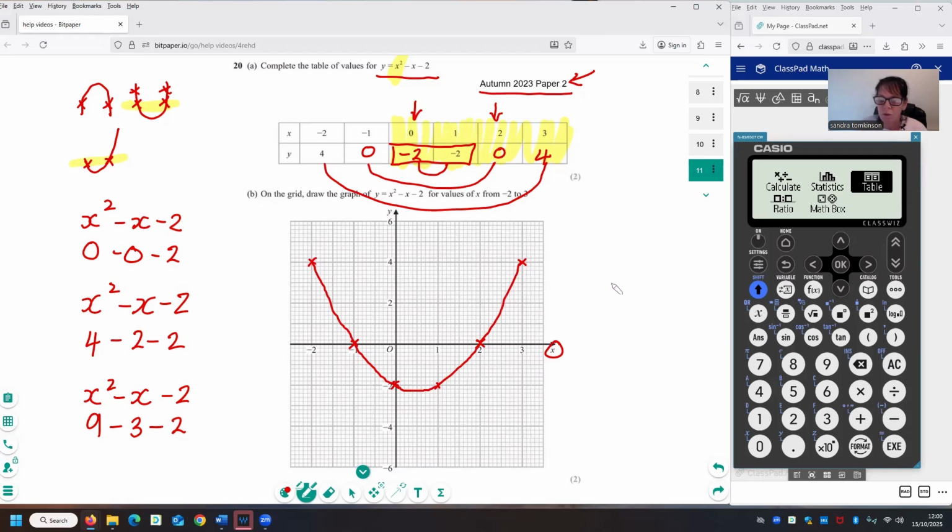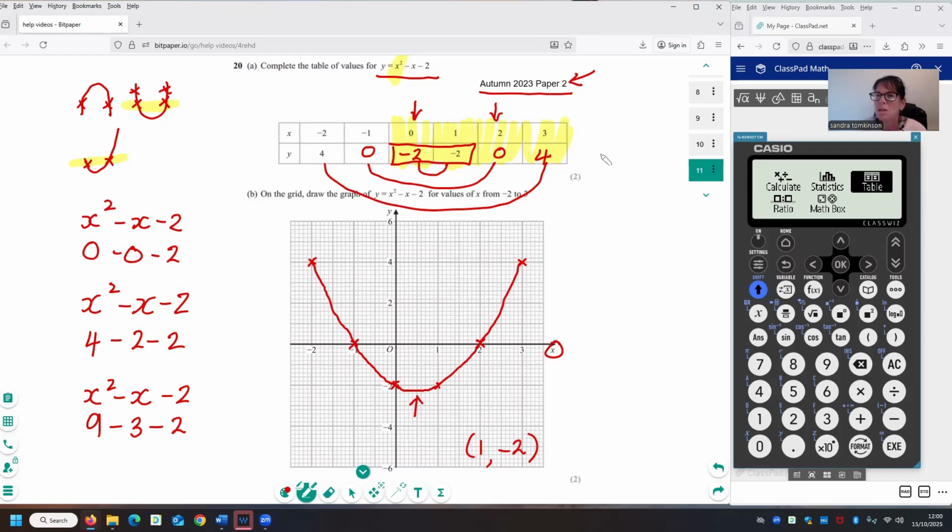Now, quite often, once you've done this, the question may ask, what are the coordinates of the turning point? The turning point is your lowest point. So the coordinates of my turning point here would be 1, minus 2. Along 1, down to minus 2. So that's how we would do it without a calculator.